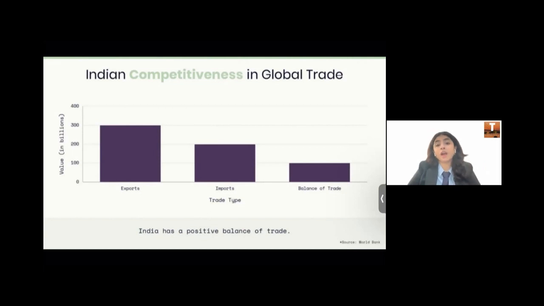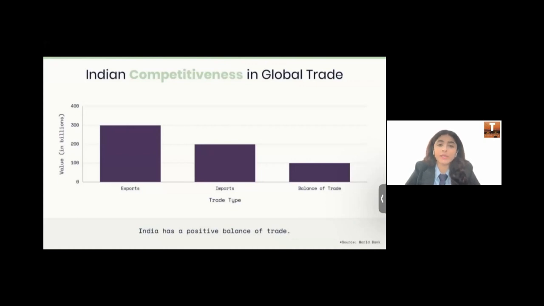Number one is large market size. With a population of over 1.3 billion people, India offers a vast domestic market for both domestic and foreign companies. This large consumer base presents immense opportunities for businesses to scale up and attract investments.